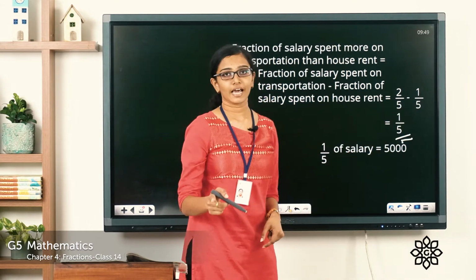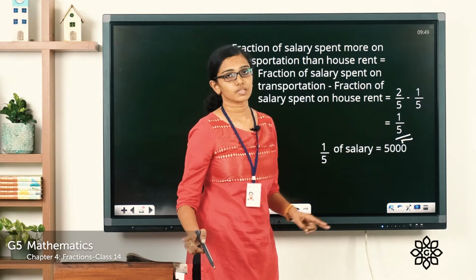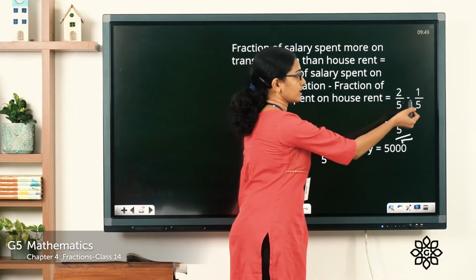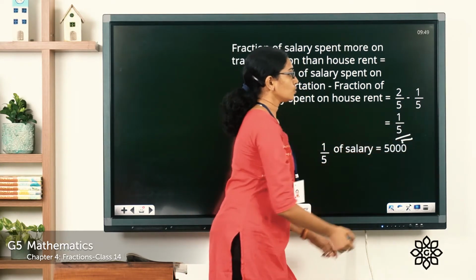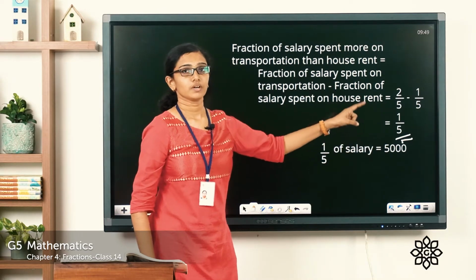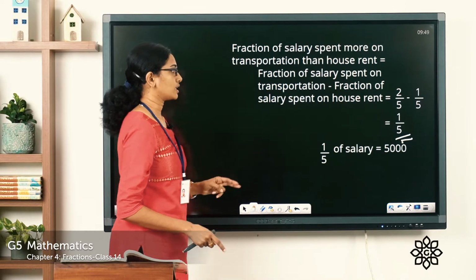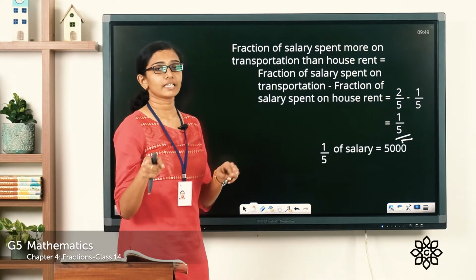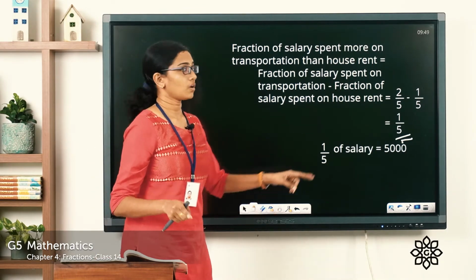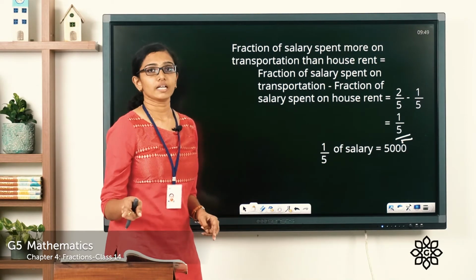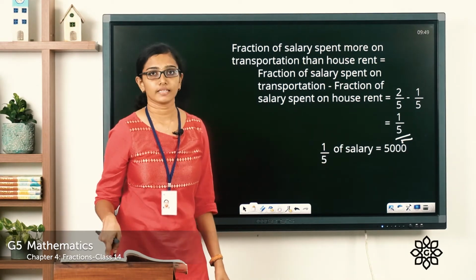Here these are like fractions, so we just need to subtract the numerator. So 2 minus 1, 1 by 5. So this is the fraction of more amount spent on transportation. And we are given that extra amount, that 1 by 5 of salary, is equal to 5,000.